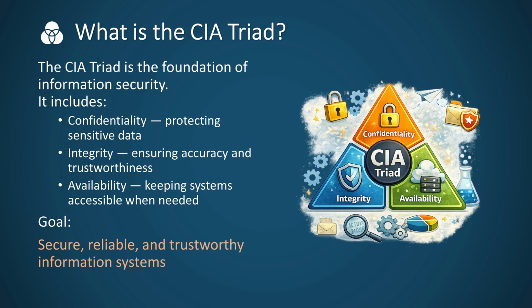In simple terms, the goal of the CIA Triad is to ensure that information is secure, accurate, and accessible. If even one of these pillars fails, the entire system is affected. Confidentiality prevents unauthorized access, integrity prevents unauthorized changes, and availability ensures continuous access.